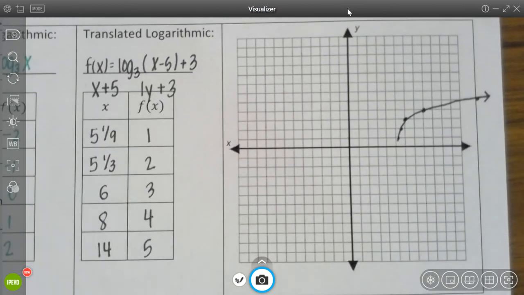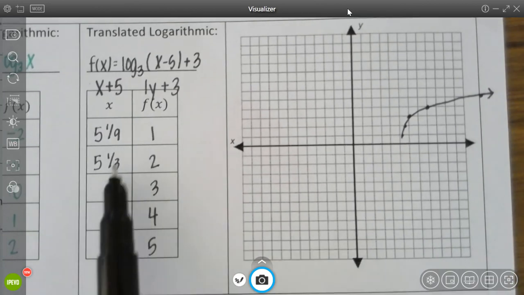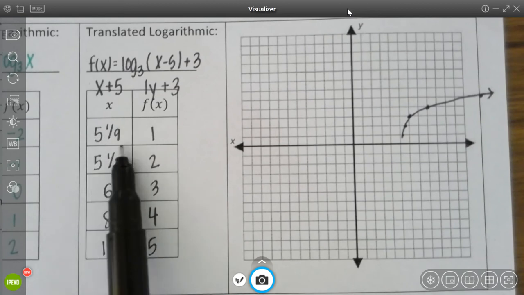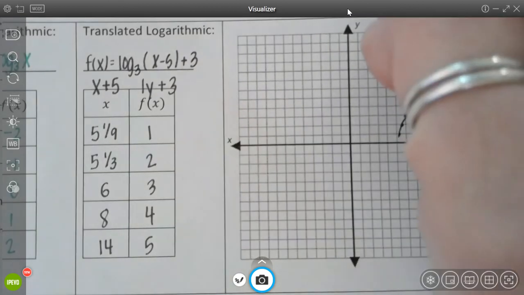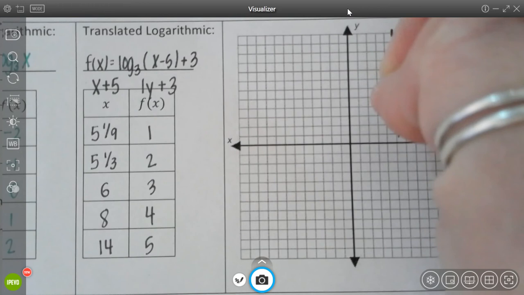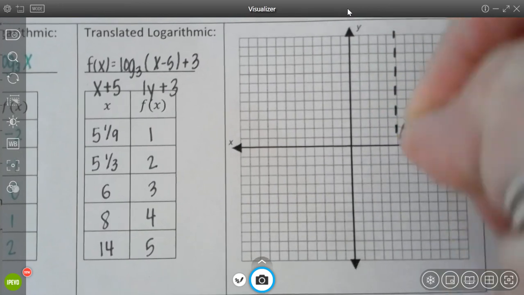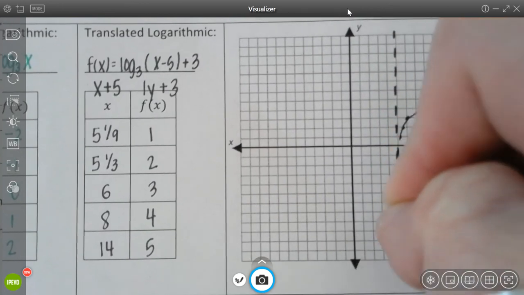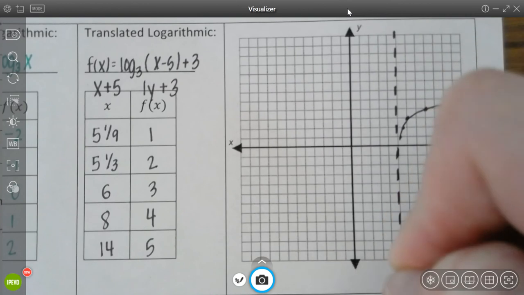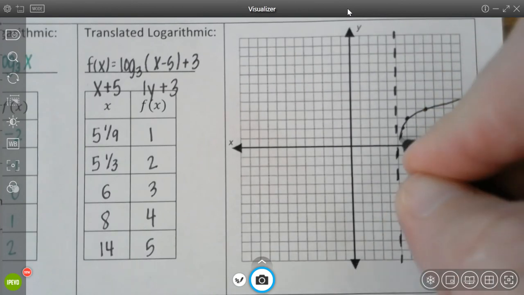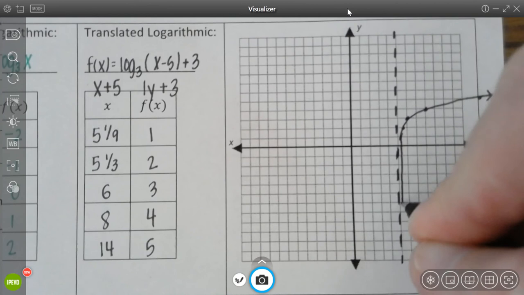What does it look like our vertical asymptote will probably be here, Eva? Yeah, it'll probably be x equals 5, because that's what these values are pretty close to. So I'm just going to go ahead and dot that in so that I make sure I'm not hitting that when I actually graph in my line. I'll continue my graph downwards.